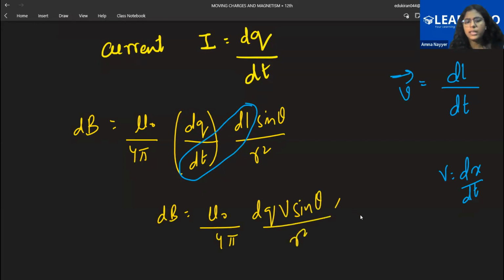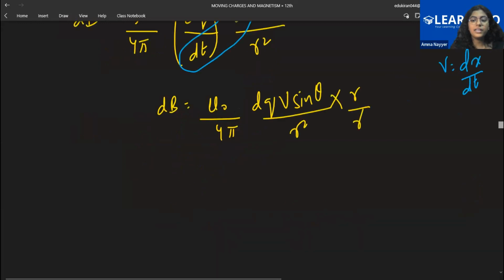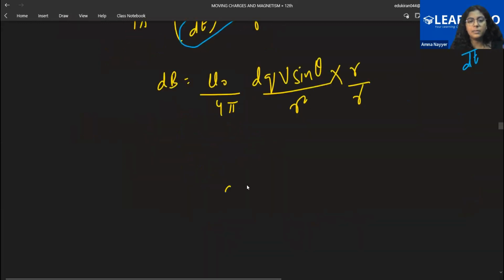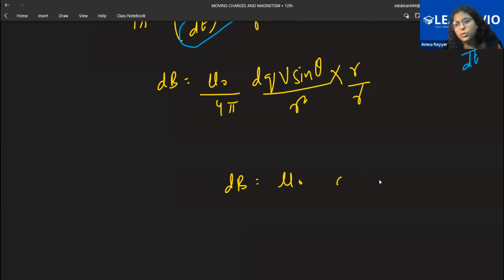Let's do one thing. Let's multiply and divide it by r. So what are we left with? dB is actually equal to mu naught by 4 pi, dq v sine theta, meaning charge into velocity sine theta. It's actually the cross product of dq and v. Understood? Why?